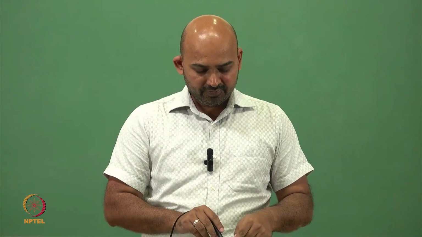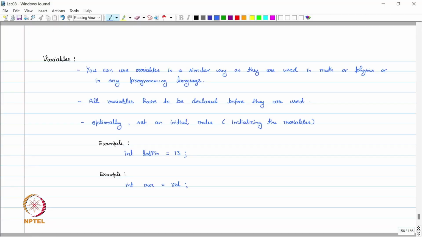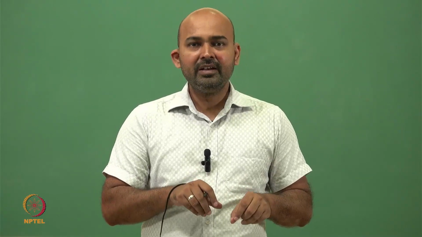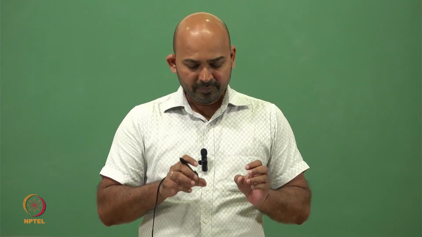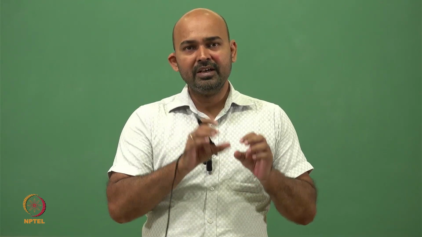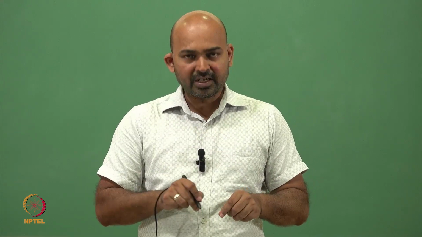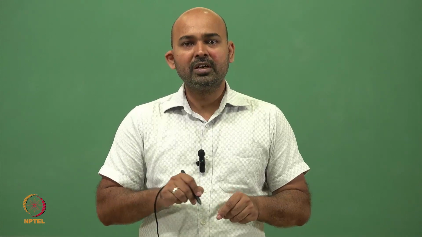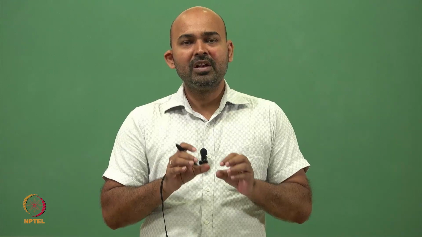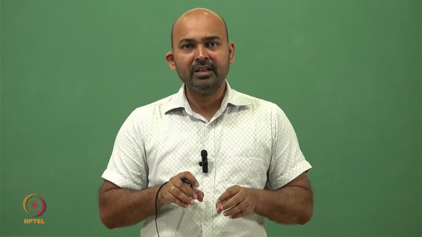So for example, we have int LED pin equal to 13. So here we are initializing a variable which is LED pin. This is the variable name, and the type of variable is given here, int, which is integer for short. So LED pin is a variable which is of type integer, and the value we are assigning to this is equal to 13. Means LED pin, wherever we will call in the program, will represent a value of 13 assigned to it.